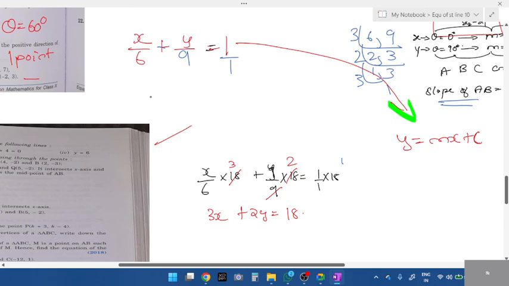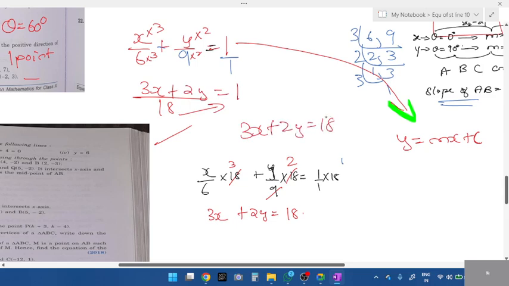If not, the regular way we used to solve was 18 into 3 into 3 into 2 and into 2. We get 3x plus 2y is equals to 1. Anyways, this 18 you have to shift it to the other side. You get 3x plus 2y is equals to 18. So there are two methods. You can use any one method to solve. All of you understood? Equation?